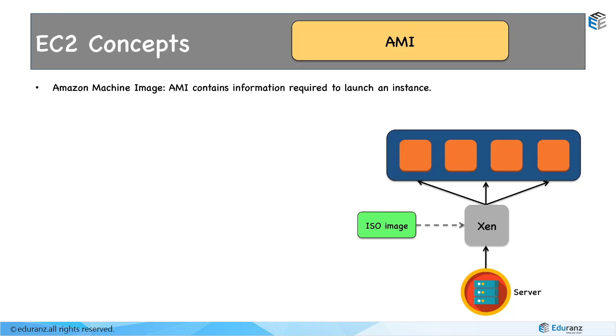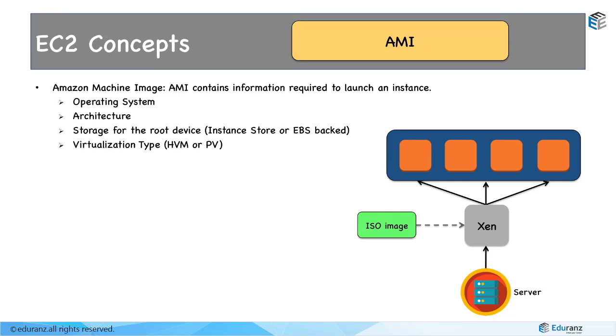Can you have an ISO image for that? Yes, you can. If you have an ISO image which contains the Windows operating system along with Microsoft Office, and the hypervisor uses this ISO image to launch a virtual machine, then this machine would contain Windows OS along with Microsoft Office. So AMI is similar to an ISO image.